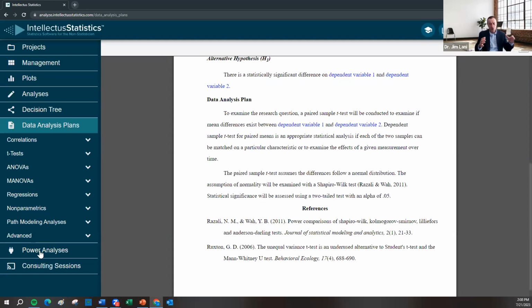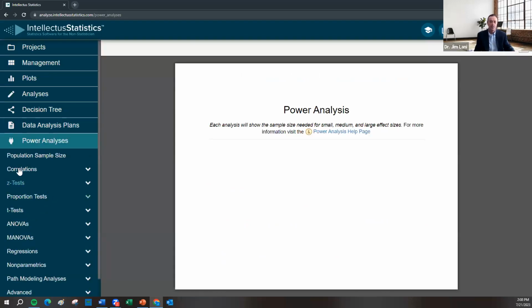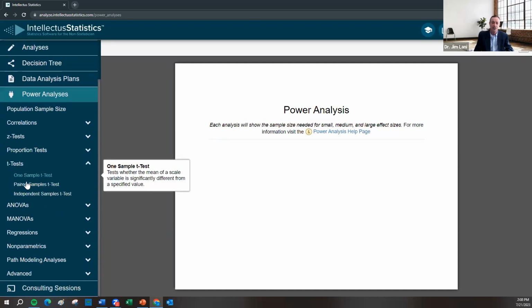Intuitively, we know that we need more than 2, but we can't get 1,000. So the power analysis is a sample size calculation based on the test. This kind of dovetails with this effect size business. The power analysis helps you determine what the sample size is.